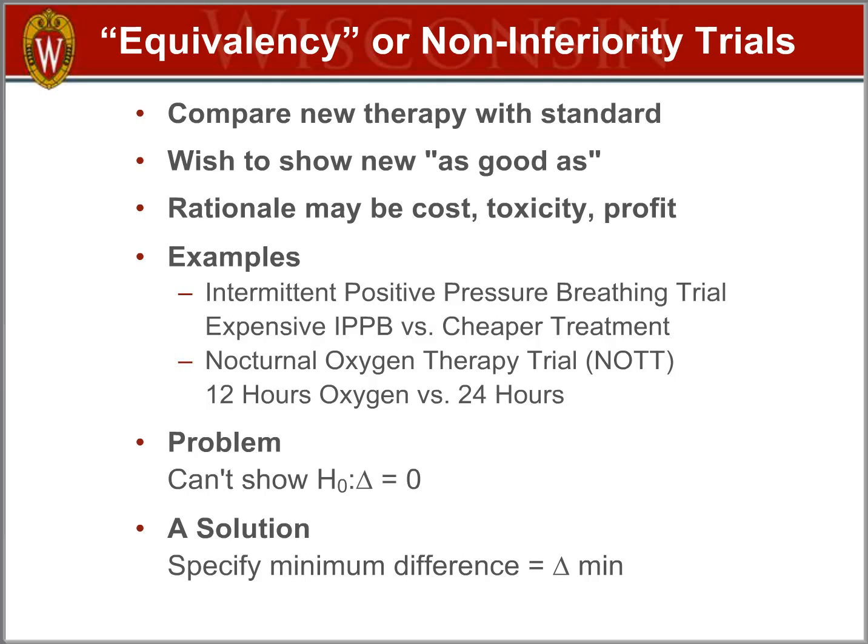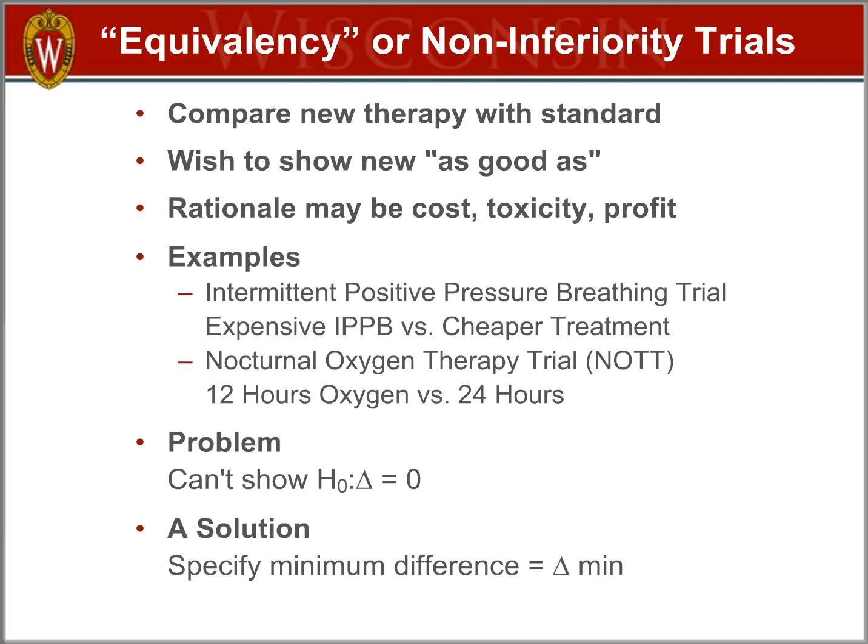One is the intermittent positive pressure breathing trial, which compared an expensive procedure, called IPPB, versus a cheaper treatment. The nocturnal oxygen therapy trial compared 12 hours of oxygen therapy in patients with chronic obstructive lung disease to 24 hours. Obviously there, a difference of cost, a difference of convenience. The problem, however, is you can't show no difference.